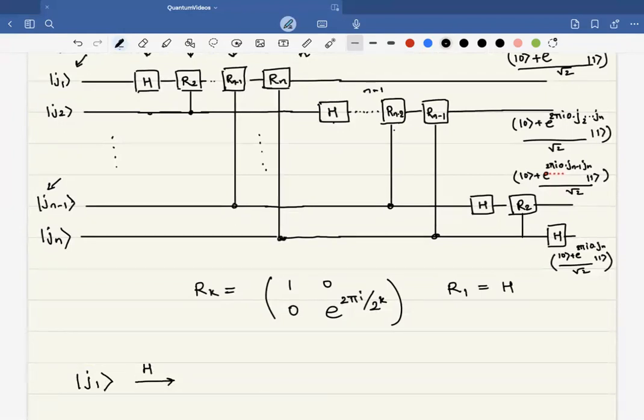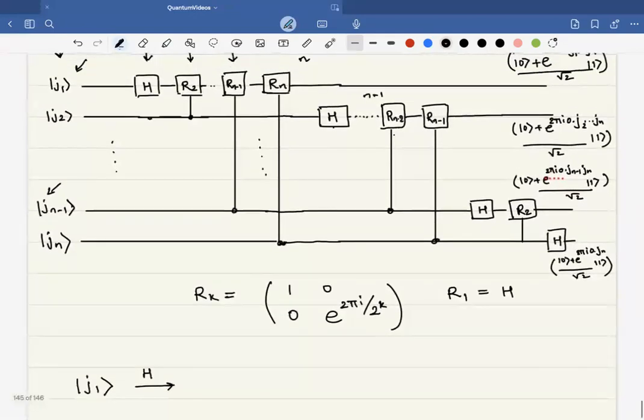What will be the output at this point after the Hadamard gate gets applied? I claim that it will be ket 0 plus e to the 2 pi i 0.j1, ket 1, over square root of 2.